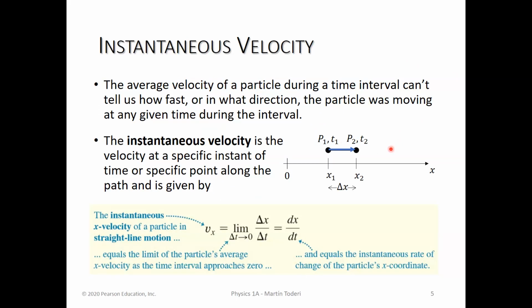And in order to do that, we need to start thinking about reducing the delta x as much as we can, right? So the instantaneous velocity will be the velocity at a specific instant of time, and that concept of instant can be related with looking at the limit of the expression. I think you've seen limits and derivatives and integrals, right, in previous courses, or at least you should have heard about them.